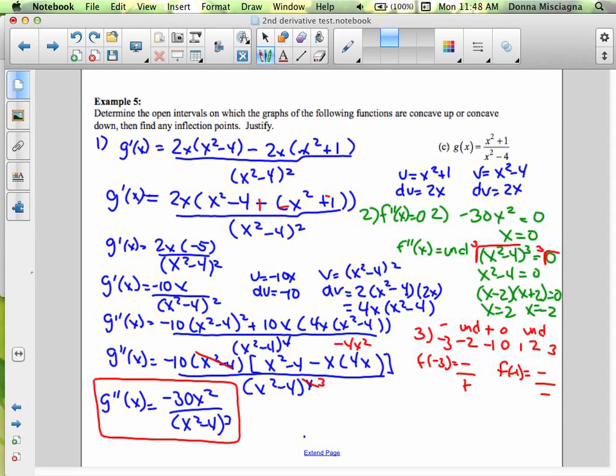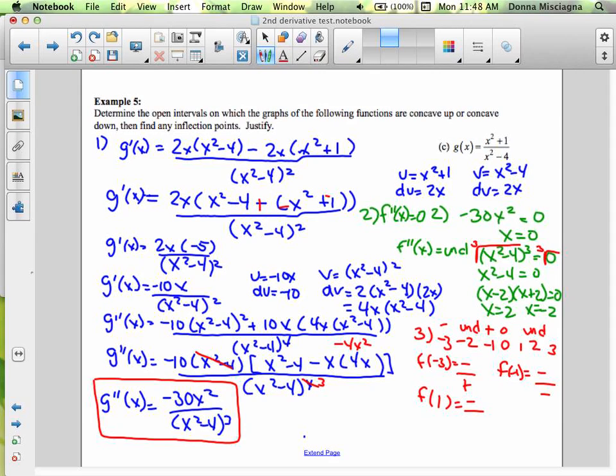So we do have a change in concavity at negative 2, even though it is not an inflection point, because the function does not exist at negative 2 and 2. It has vertical asymptotes there. For g of 1, that would be 1 squared, which is 1, times negative 30, that is negative.